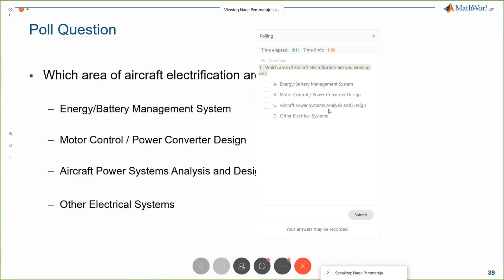Or are you working on motor controls or power converter design? If you're also working on the code generation aspects of motor controls, you can select the same option. Are you working on power system analysis and design? Please use the third option. Or if you're working on any other electrical system which is not mentioned here, please choose the fourth option.